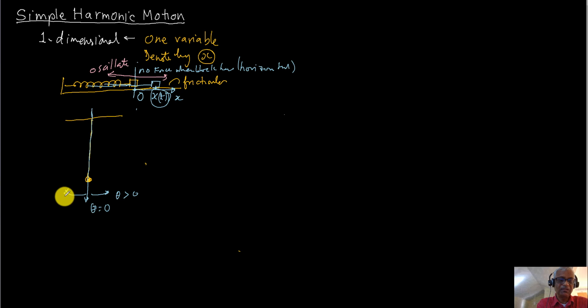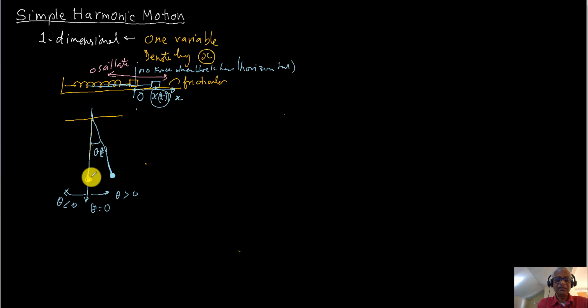If I measure that side, theta is less than 0. At some other time, this thing is over here, and I'm measuring on the right side, so some theta of t will be positive.